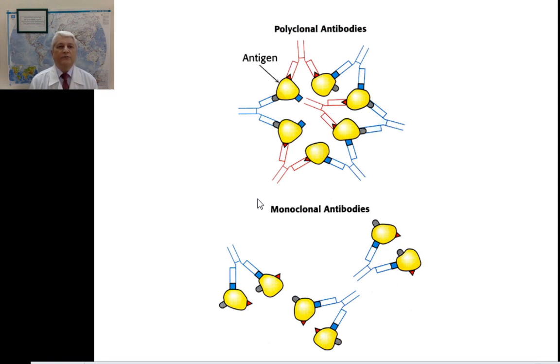And now you can write the next sentence, that immunoglobulins in our organism appeared as the result of biosynthesis by B lymphocytes. So B lymphocytes are antibody producing cells in our organism.